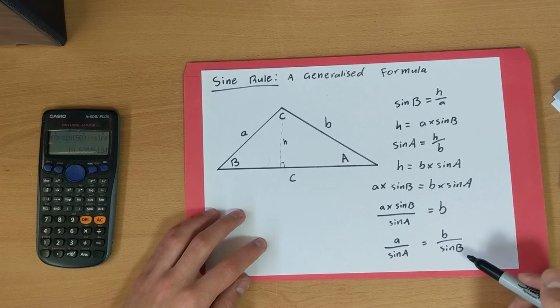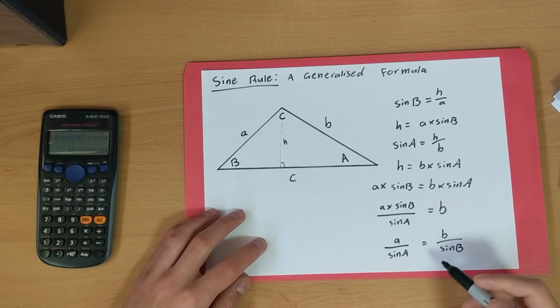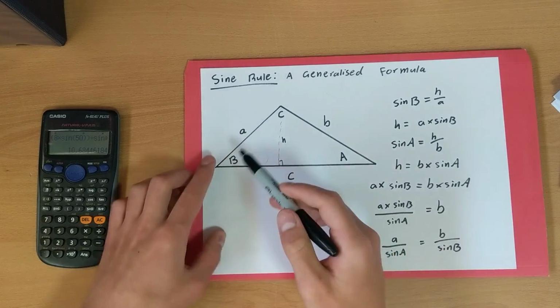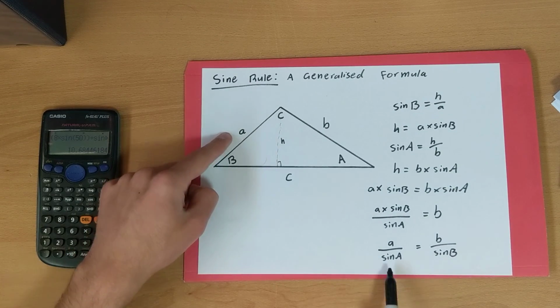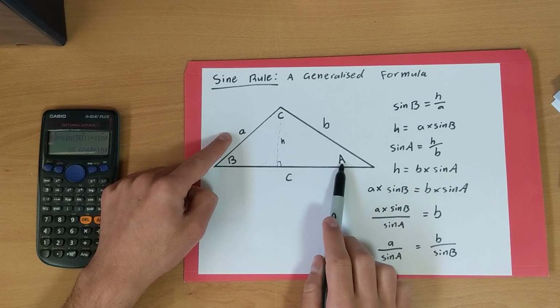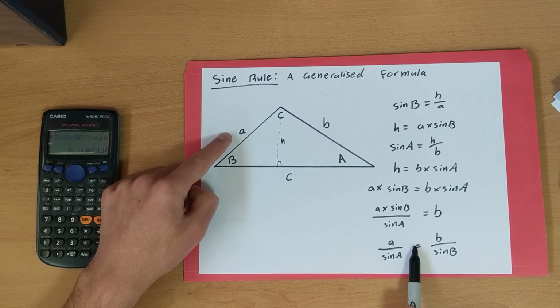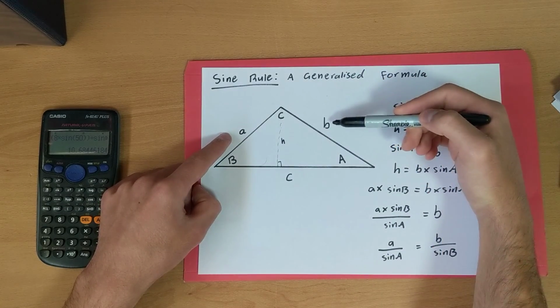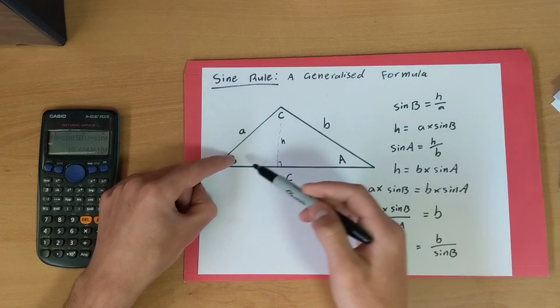Now this result is actually much more useful, because what's this telling me? It's telling me that the ratio between a side a, this side, and the sine of its corresponding angle is equal to the ratio of any other side, let's say side b, and the sine of its corresponding angle.